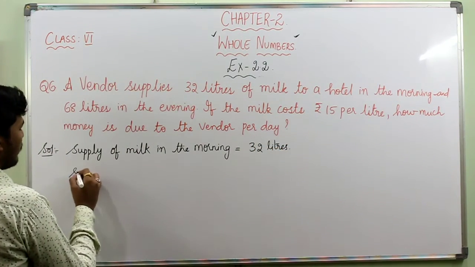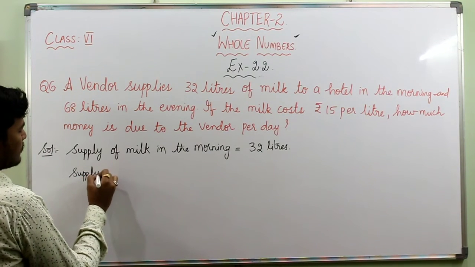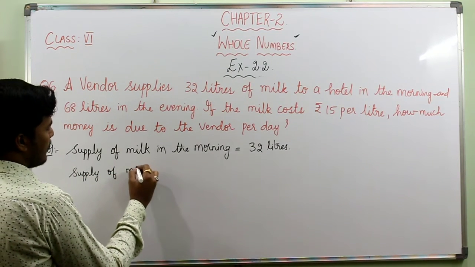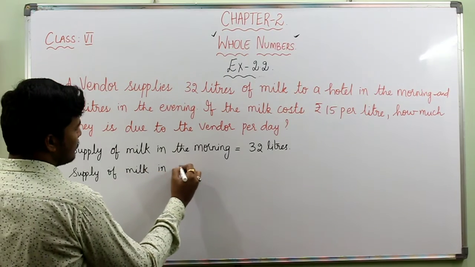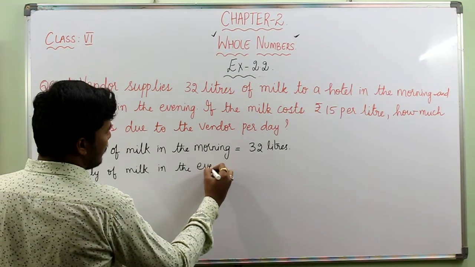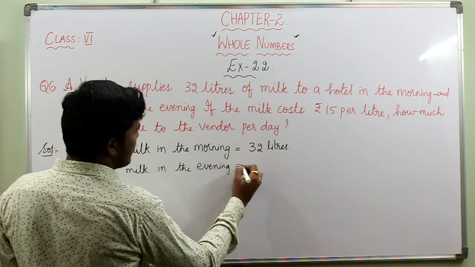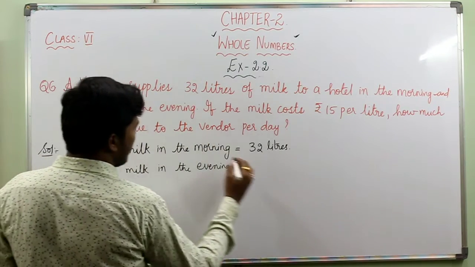Supply of milk in the evening is nothing but how much? 68 liters.